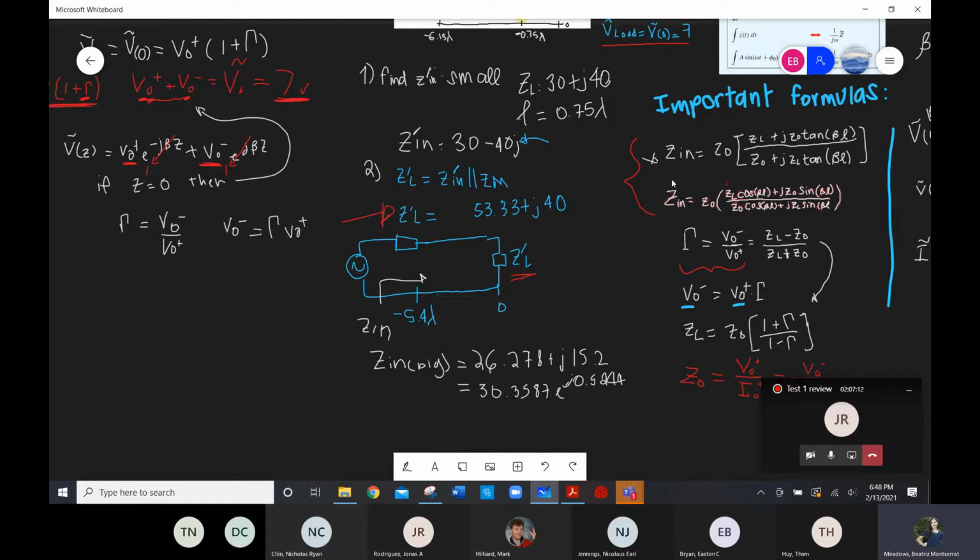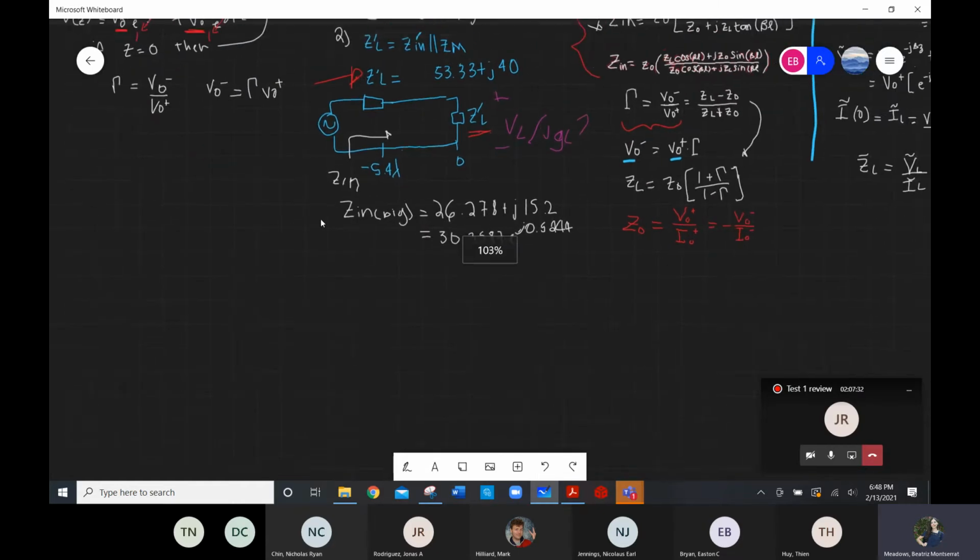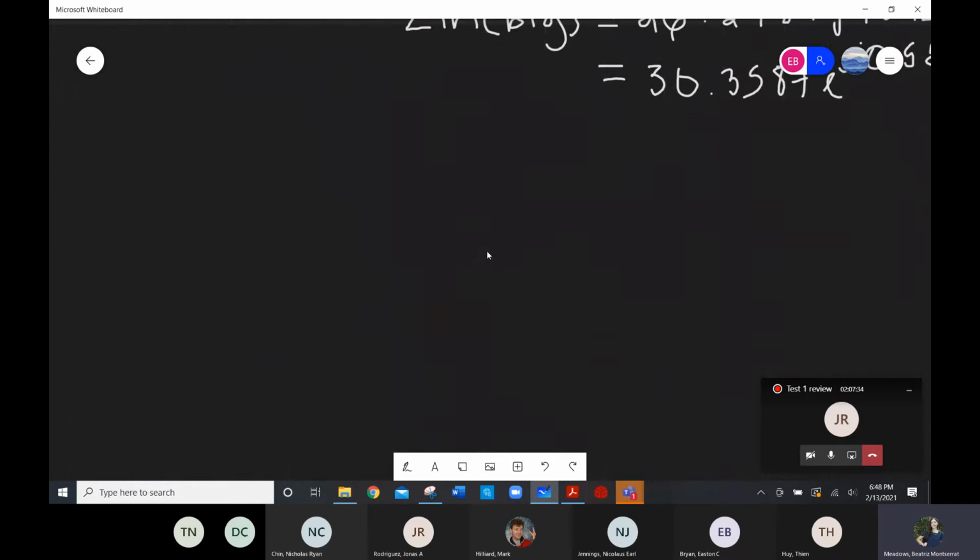But we need to find the voltage here first, okay? Which is V load of the big one, but VG of the little one. Okay, so we need to find that. And to find that, we need to analyze the little transmission line first, okay?